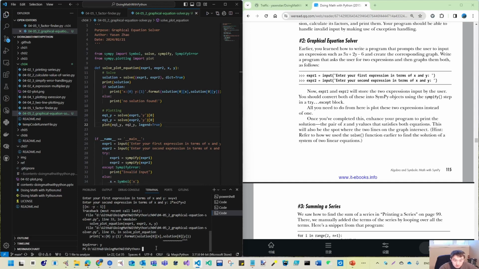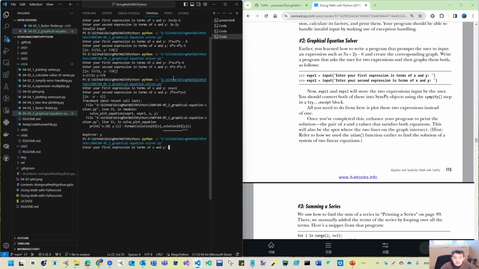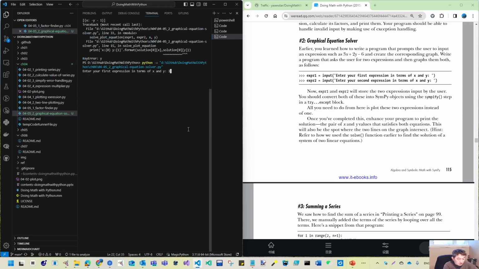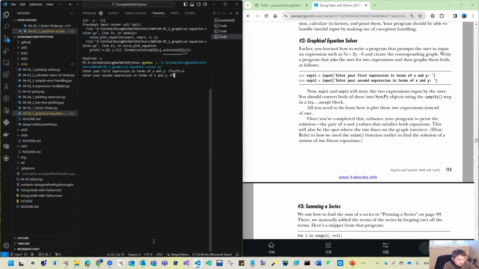Now let's use this way. So these are the height values. So plus 2 times y minus 6. So that is the first. And the second is 6x minus 4y minus 5.